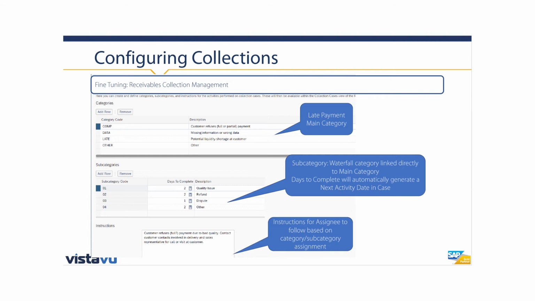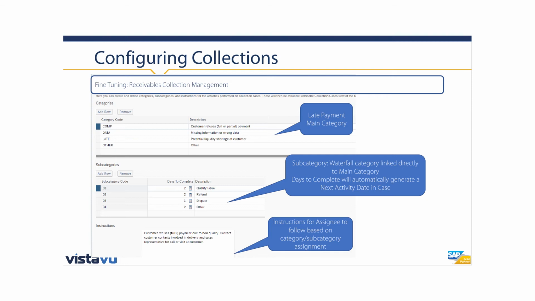And then within that subcategory, as you are defining that, you'll also have a days to complete. And what that drives is as you finish one activity, it automatically will assign the next activity date. So again, your collections team can see when they need to do something else with that open collections case.